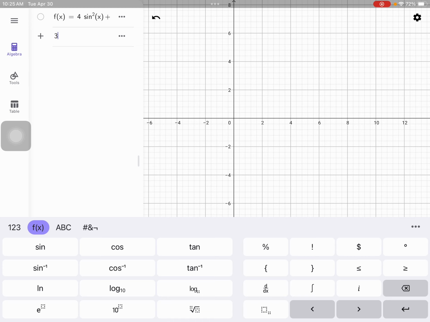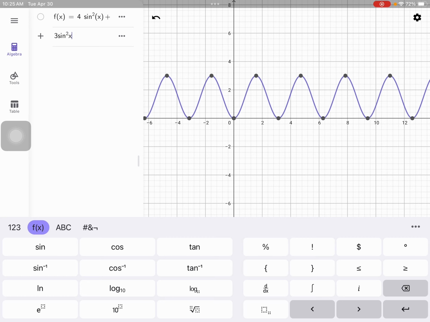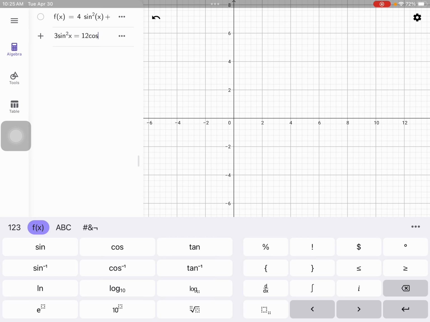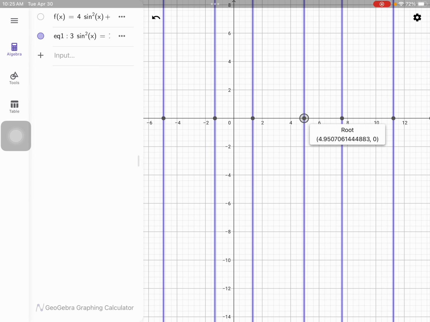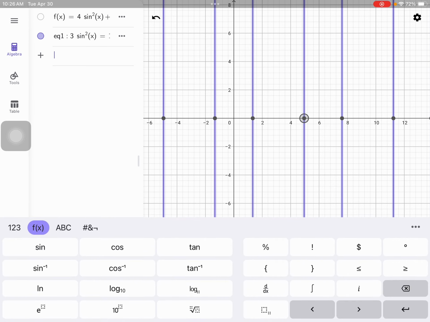Bang, we're done. 3 sine squared x is equal to 12 cosine x, and we're going to get some solutions here. 1.33, we're usually dealing with between 0 and 2 pi, so we got 2 solutions there, 1.33, 4.95. But no, we're not allowed to do that. Not in British curriculum.